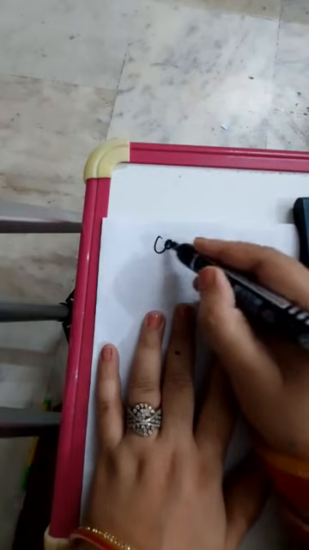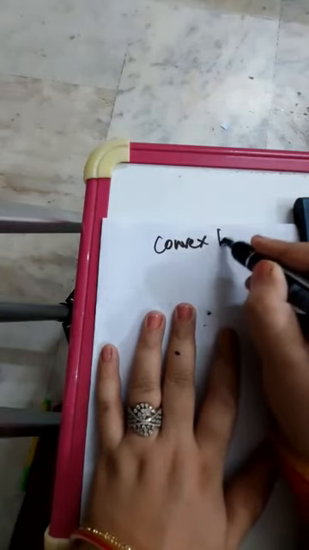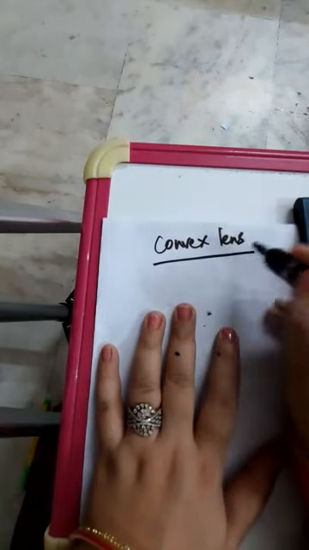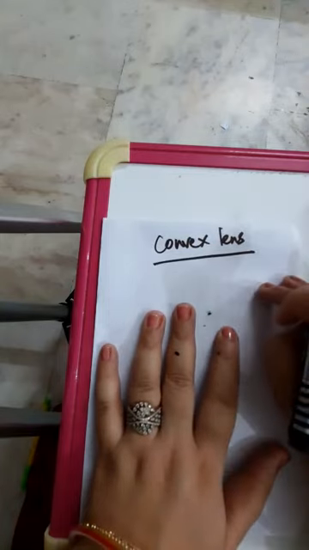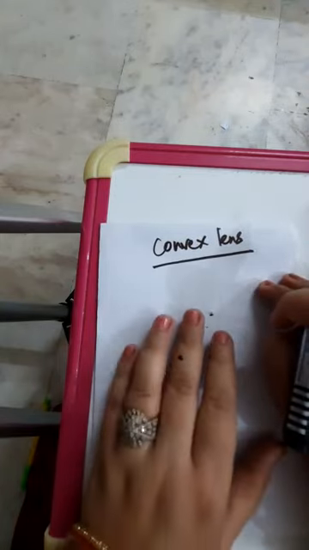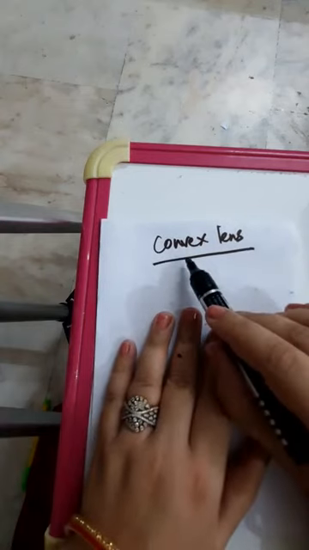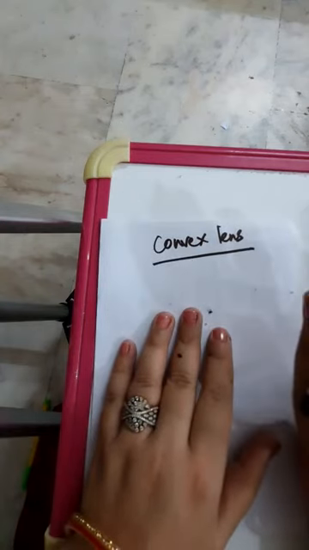Now case number 2. In case of a convex lens, we discussed many cases. If you don't remember them, I would suggest you to see the video where I discussed image formation by convex lens.